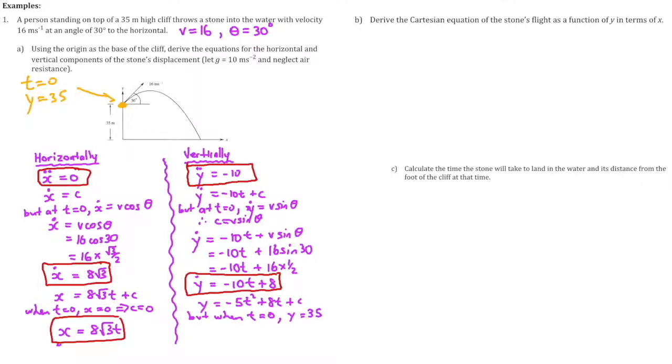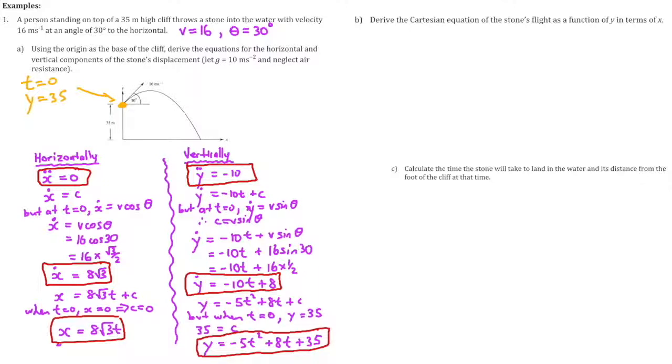And if I plug that in, I get 35 equals c, which means y will equal minus 5t squared plus 8t plus 35. And there is my sixth equation. So I now have my horizontal and vertical acceleration, velocity, and displacements.